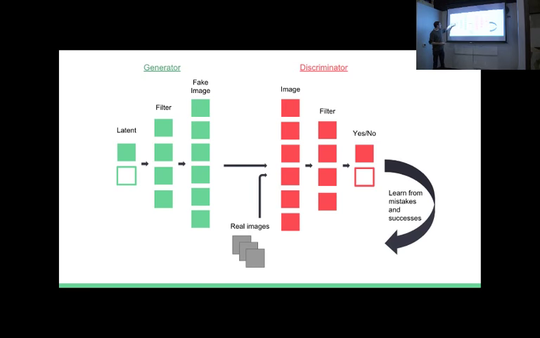The latent representation, just like we saw back with the encoder-decoder, the decoder side was able to take the latent representation and turn it into an image. So what we're going to do is set up a game. We're going to have the generator create fake images and try to fool a discriminator. The discriminator is going to tell you, yes or no, is the image that was fed in a fake image or a real image?